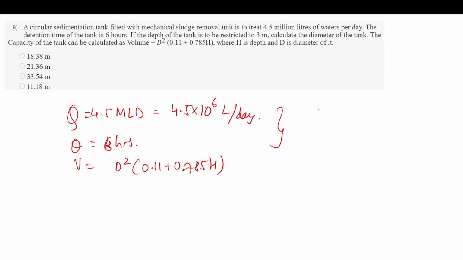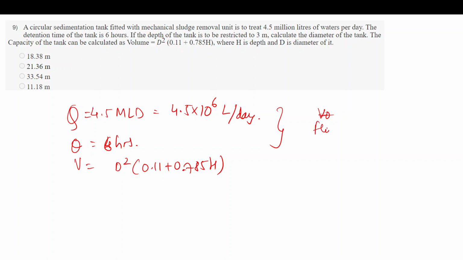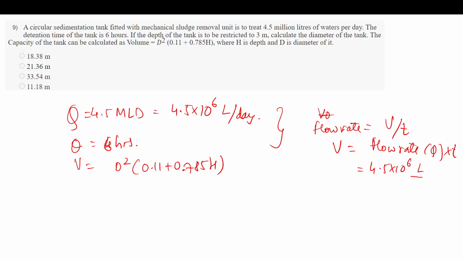So volume is flow rate, which is volume per unit time, or here the detention time. So volume of the tank is equal to flow rate Q into T. The flow rate is given as 4.5 into 10 to the power 6 liters per day.